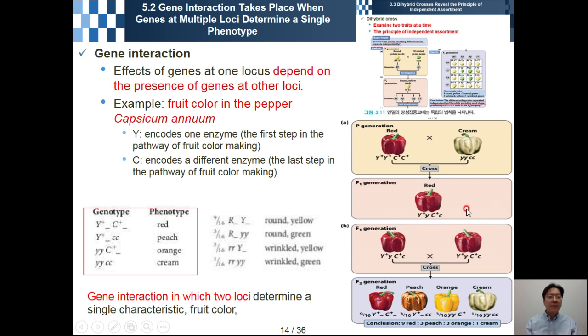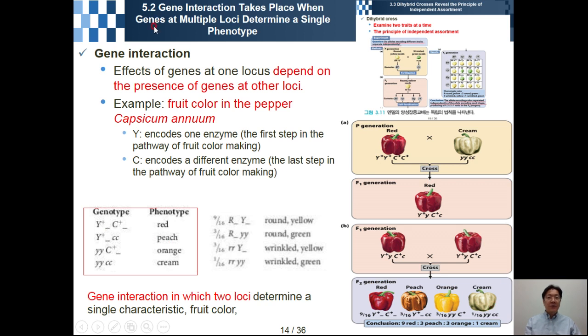At that point they do self-fertilization. Because Y and C are located on different chromosomes, they assort independently. Their phenotypes will be 9 red, 3 peach, 3 orange, and 1 cream.